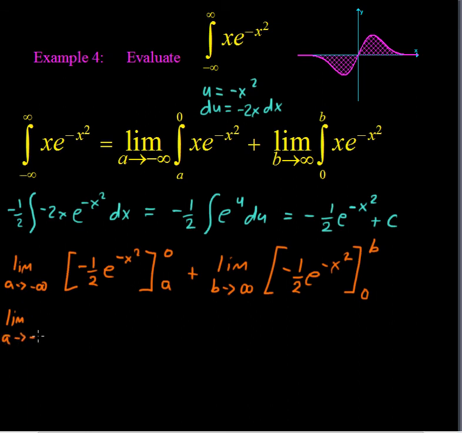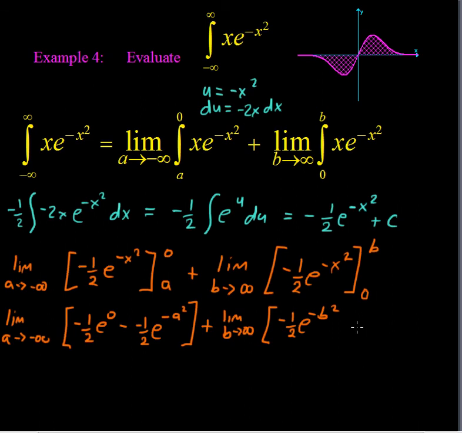So, a approaches negative infinity of, this ends up being negative 1/2 e to the 0, so negative 1/2 e to the 0 minus negative 1/2 e to the negative a squared, plus the limit as b approaches infinity of basically the same thing, but it's negative 1/2 e to the negative b squared minus negative 1/2 e to the 0.